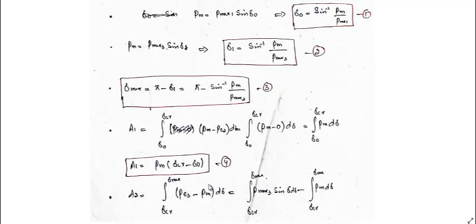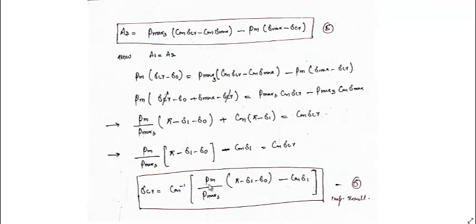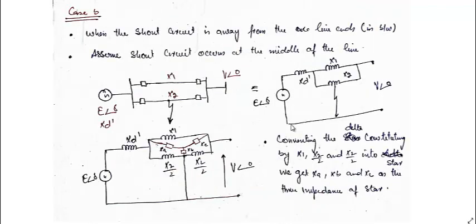Let us try to see the second case, when the short circuit is away from the end of the line, let us say in between the line. So we see that the short circuit is at this point. The equivalent circuit will be like this. Now, as I have told you earlier, since these are two voltages V and delta, we need to find out the direct impedance between these two.